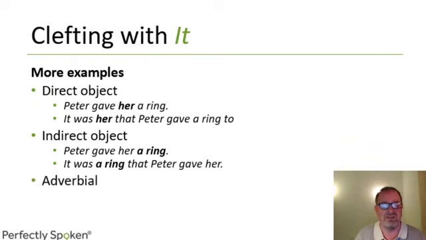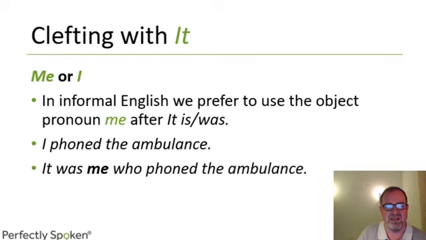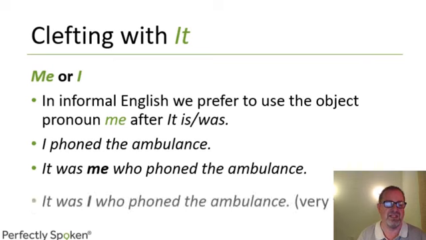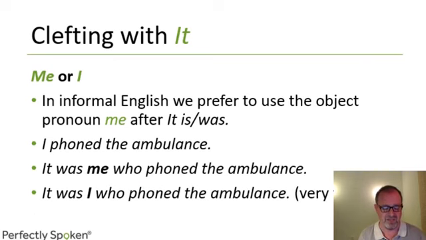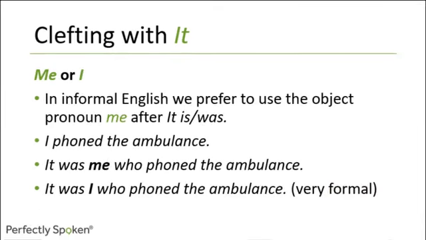You want to emphasize the subject, which is I. So in an informal style, we would say it was me who phoned the ambulance. So in speaking, we would prefer to say this. It was me who phoned the ambulance. If you say it was I who phoned the ambulance, this is actually a very formal way of saying it. Okay, so we prefer to use it was me in an informal style.